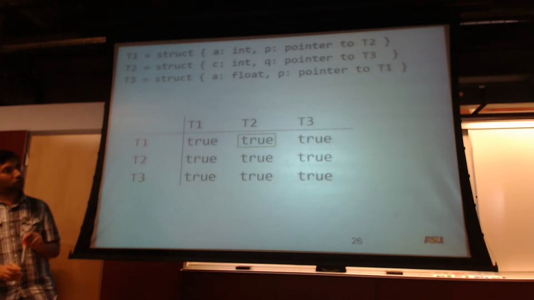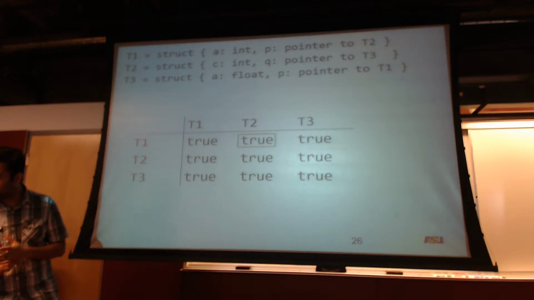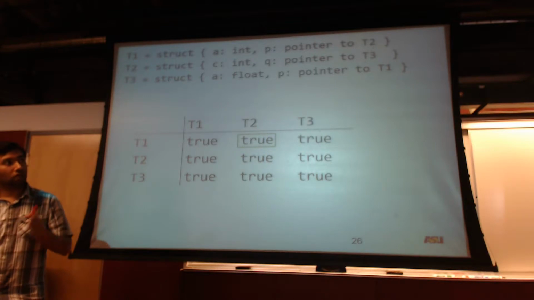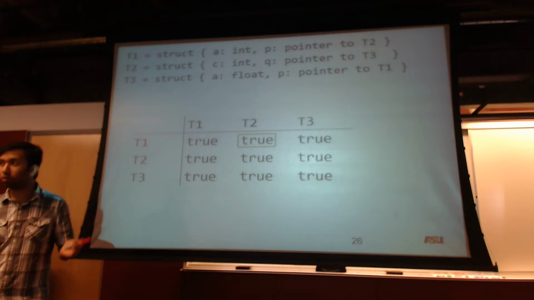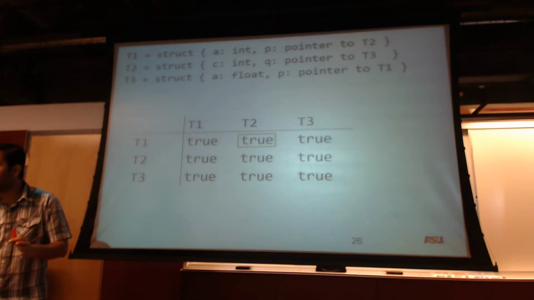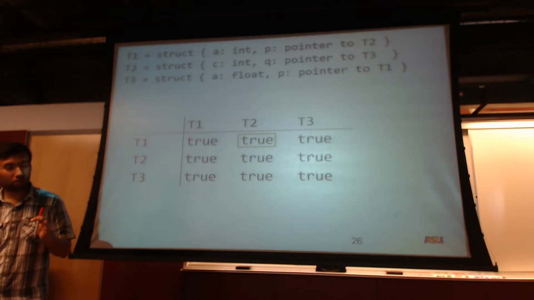Then we come to the second one. P is a pointer to T2 and Q is a pointer to T3. So we apply rule 2. When can a pointer to T2 be structurally equivalent to a pointer to T3? If T2 is structurally equivalent to T3.